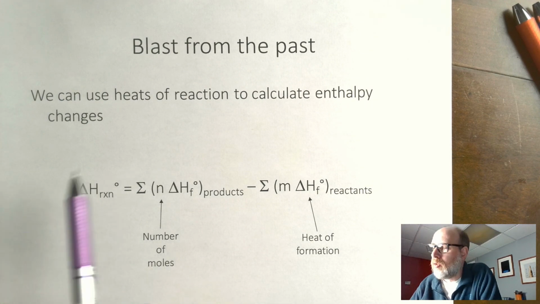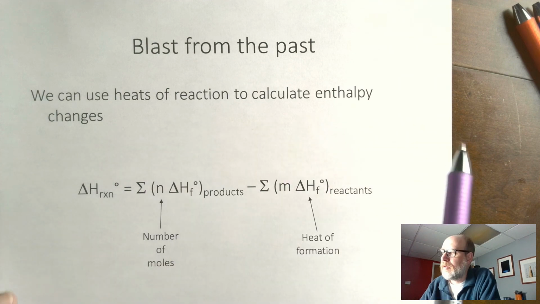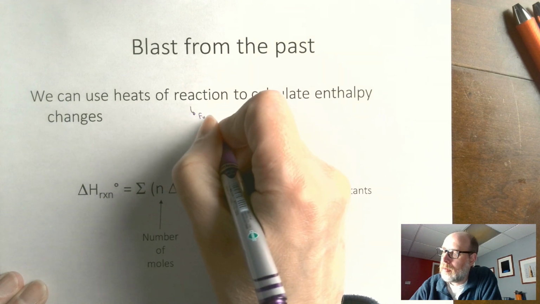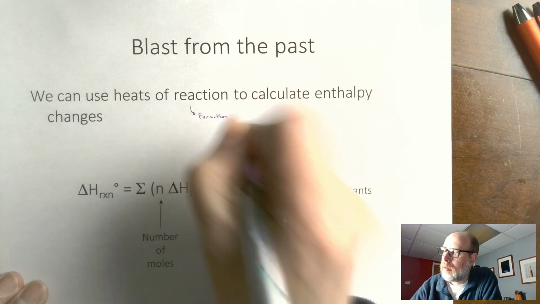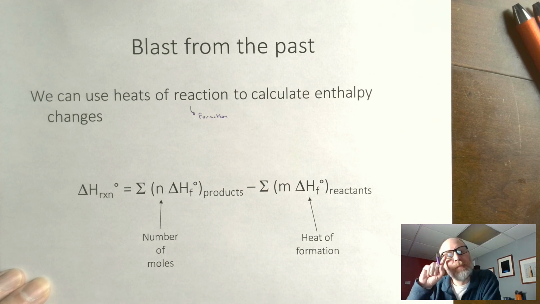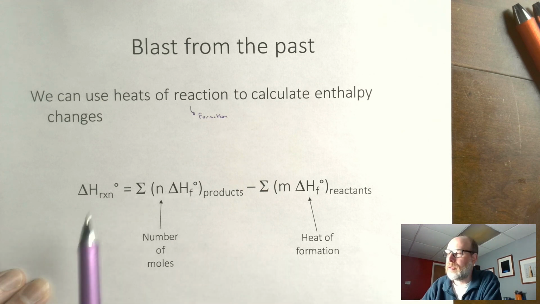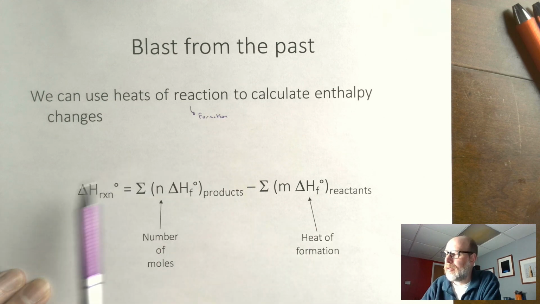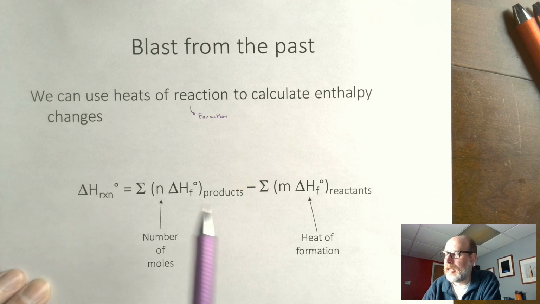But remember we said we could use heats of reaction or heats of formation. This is probably better said heats of formation to calculate enthalpy changes. We had a way that we could do this called Hess's law, but Hess's law doesn't always have to be heat of formation, but this one right here, we can determine the heat of reaction.